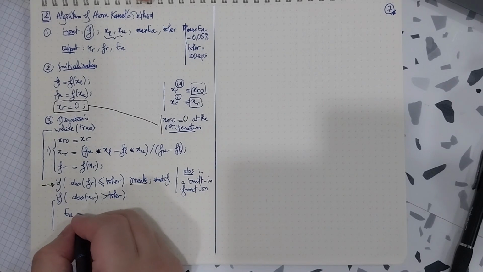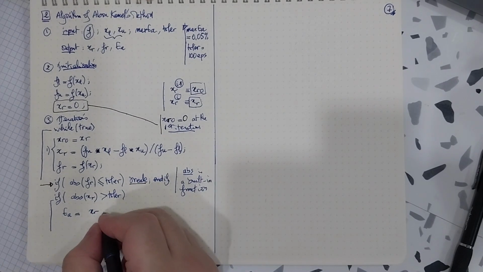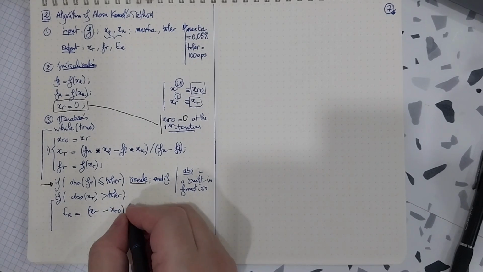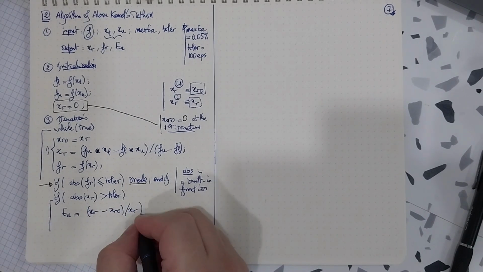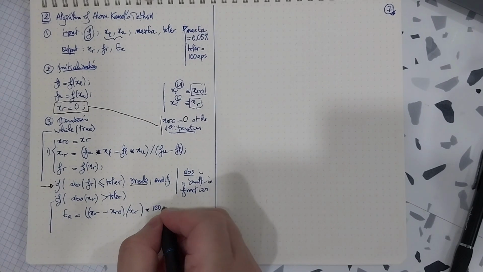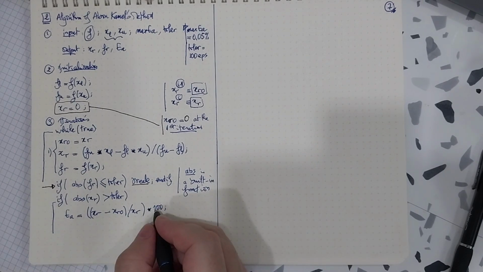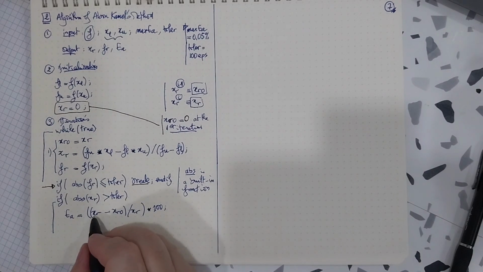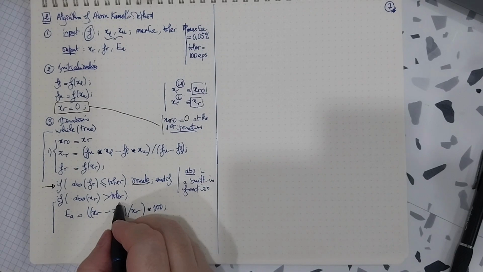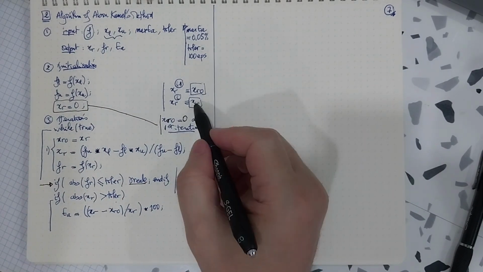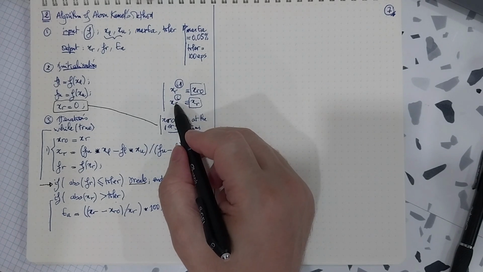We know the formula. It's the current XR minus XR old over XR by 100%. This is the error we have seen before in this chart. But we used to note it XRi minus 1. And we said that XR old is XRi minus 1, the previous, and XR is the current.